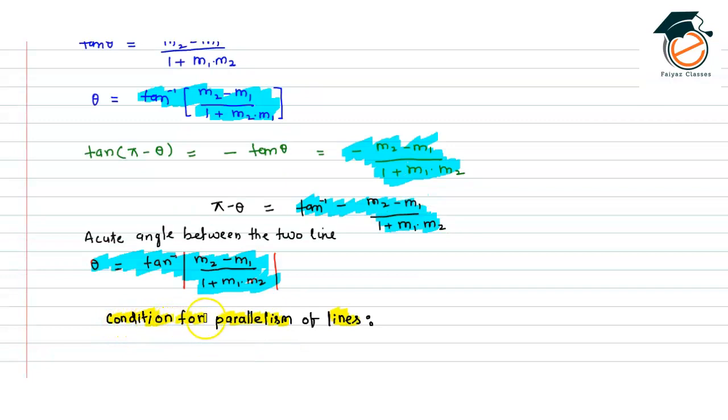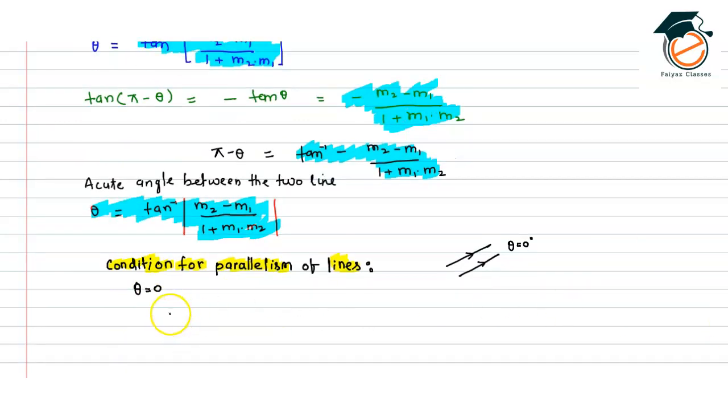Next is the condition for parallelism of lines. Suppose these are two lines, and if they are parallel to each other, the angle between the two lines is theta, that is 0 degrees. So we can write tan 0 degrees is equal to (m2 minus m1) by (1 plus m1 m2).